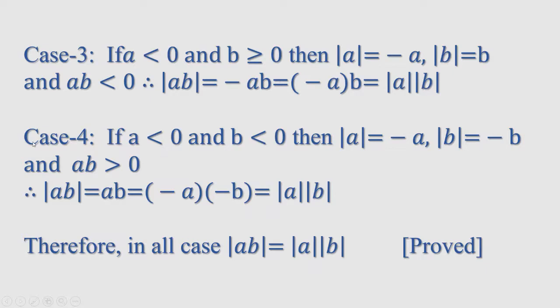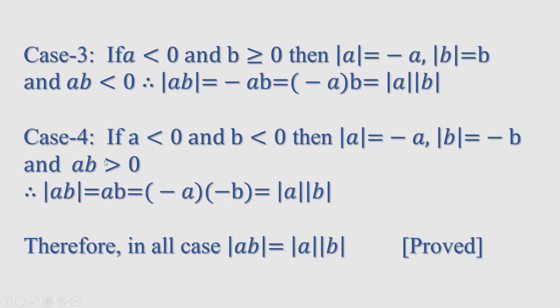Case 4, if a is less than 0 and b is less than 0, both negative, then mod a equals minus a and mod b equals minus b. Here a and b both are negative, so their multiplication will be positive, so ab is greater than 0.